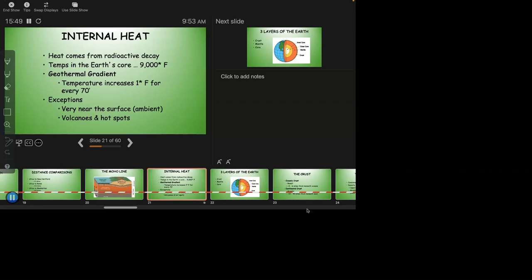So I don't want to say that this geothermal gradient doesn't kick in right off the bat, but it kind of doesn't kick in right off the bat. You go down into a cave. Usually caves are nice and cool. You know the stereotype. So again, it's the same as with your basement.